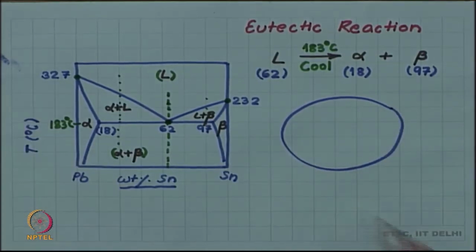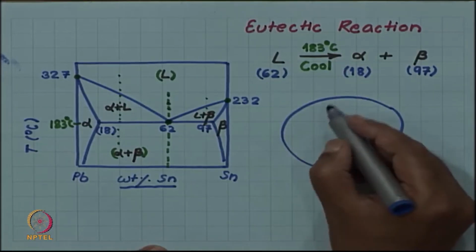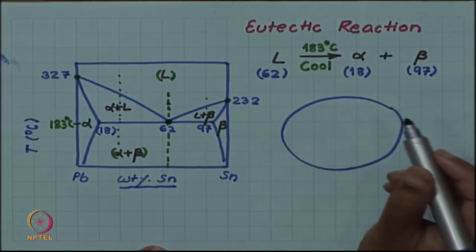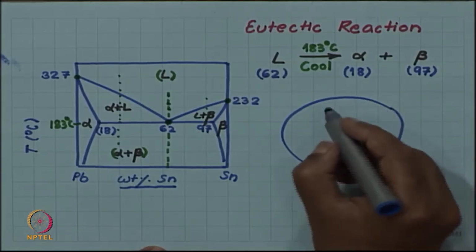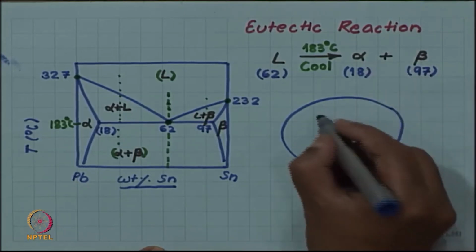If you think in terms of microstructure, let us try to draw the microstructure. So, suppose this was all liquid and you hit at 183 degrees Celsius temperature, then the solid phase will start forming, and this solid phase will be a mixture of alpha and beta.